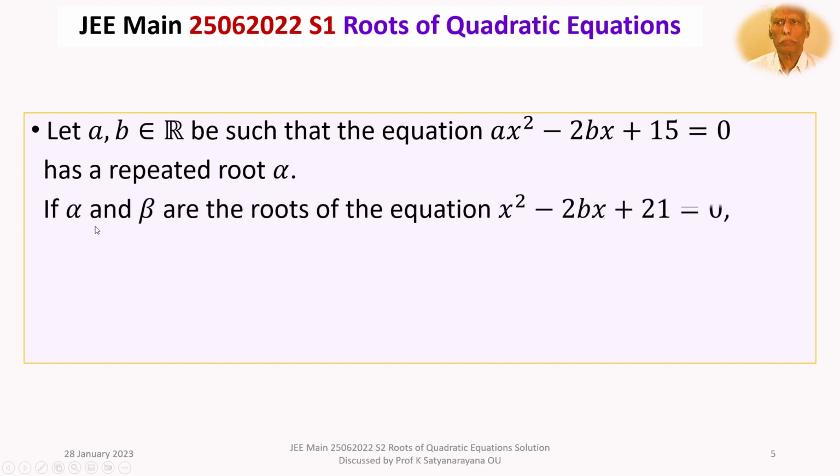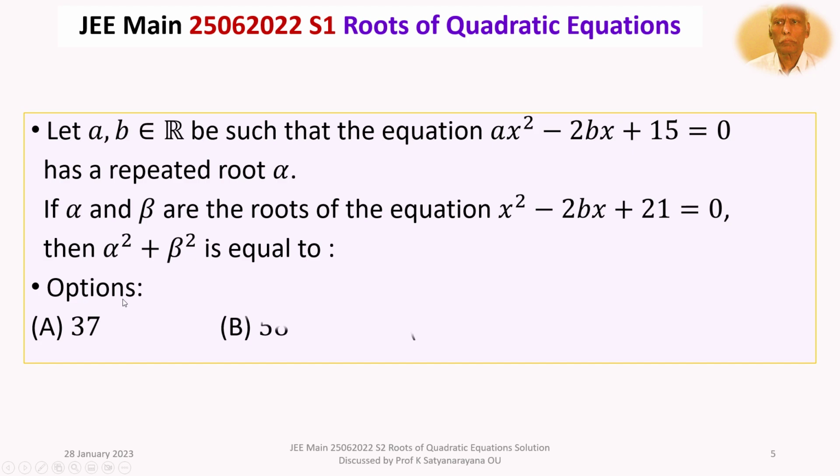If alpha and beta are the roots of the equation x square minus 2bx plus 21 is equal to 0, then alpha square plus beta square is equal to, we are given four options. Option A 37, option B 58, option C 68, option D 92.